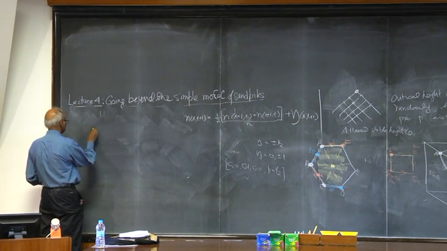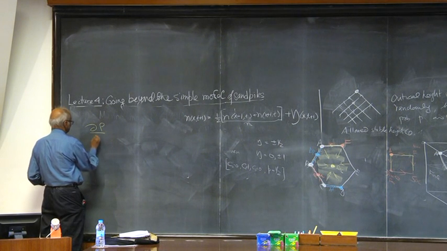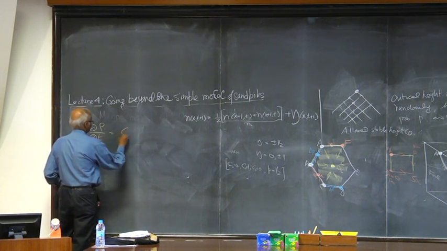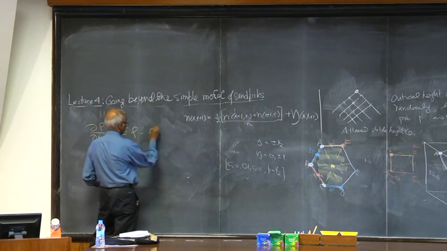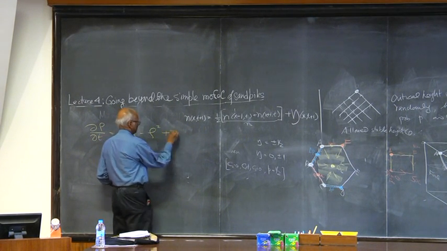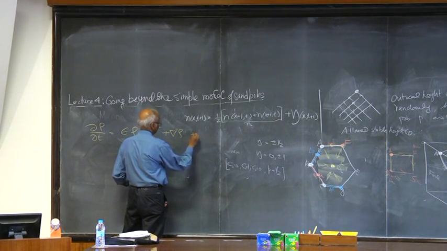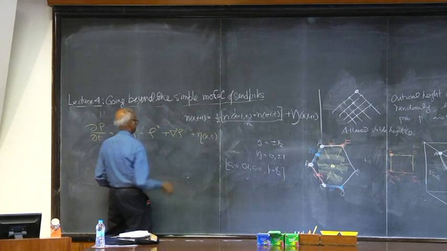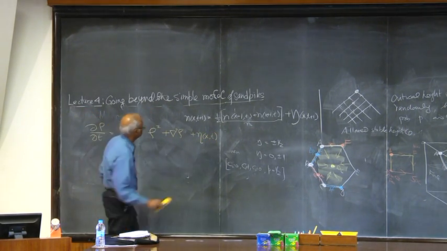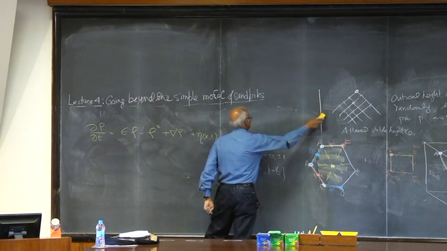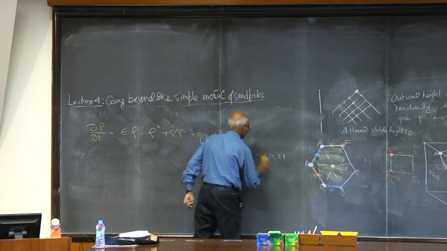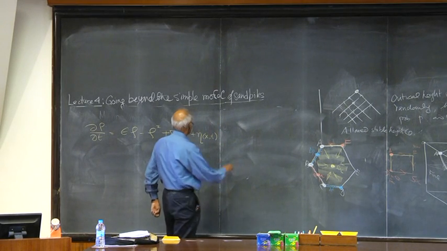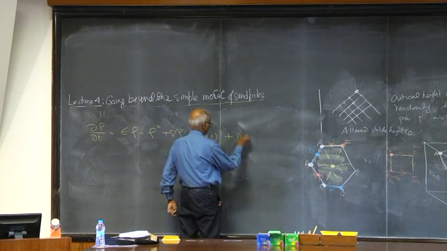We started with these two equations: d rho by dt is equal to epsilon rho minus rho squared plus del squared rho plus noise eta, plus eta phi.